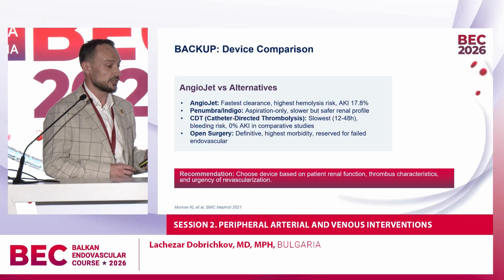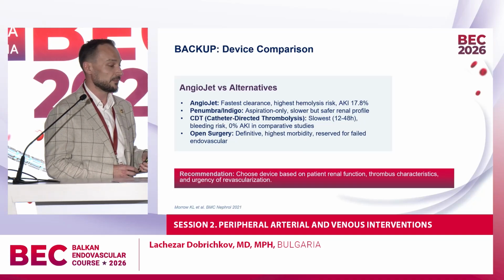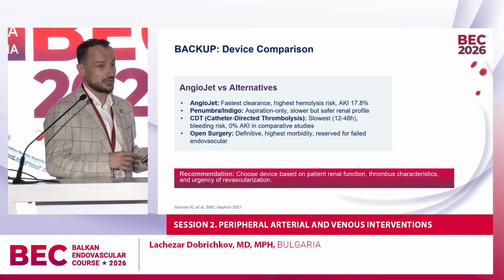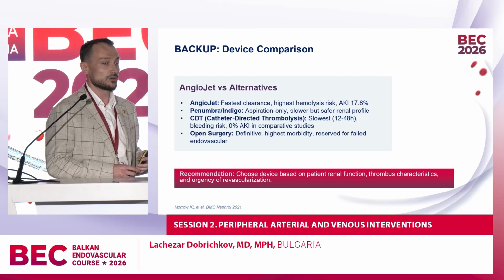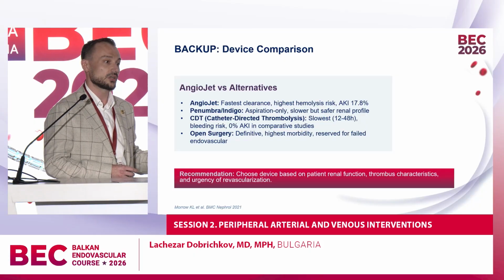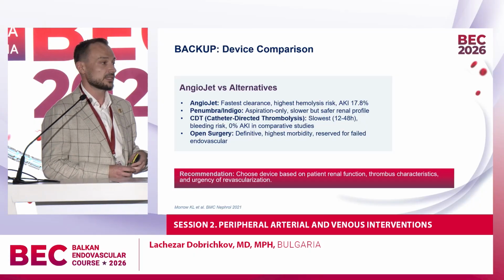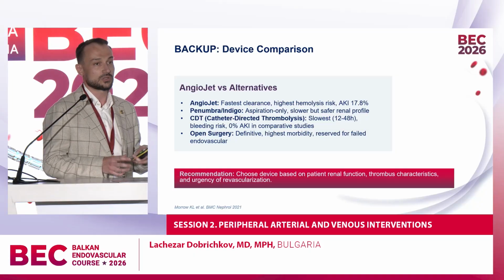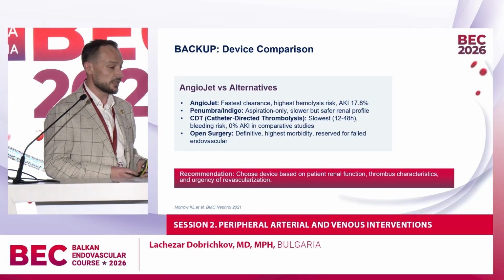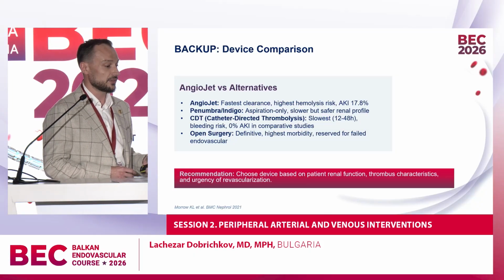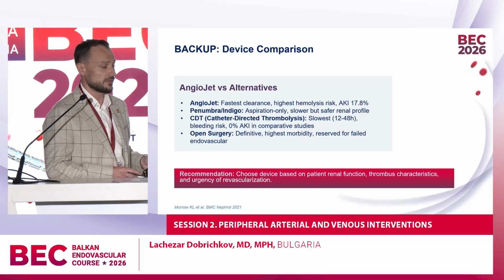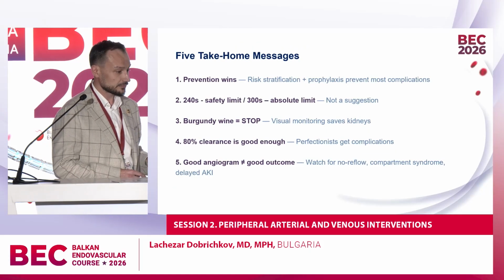We can use an aspiration device if it's available. Also, a hybrid procedure using open thrombectomy plus angio and ballooning or stenting if needed is a great option. Of course, we can use catheter-directed thrombolysis, which is definitely not my favorite option.